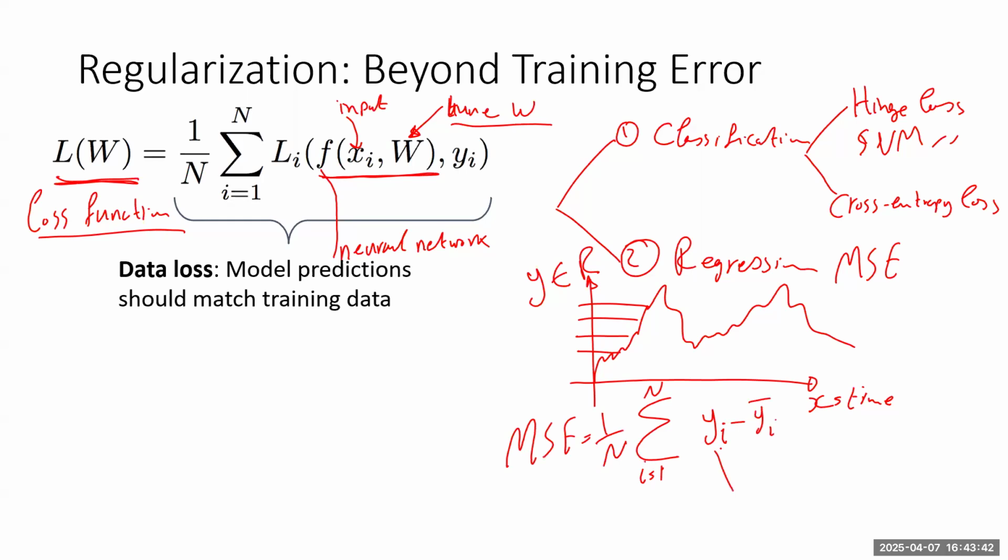So this is the ground truth, the required value, and this is the expected or the generated value.